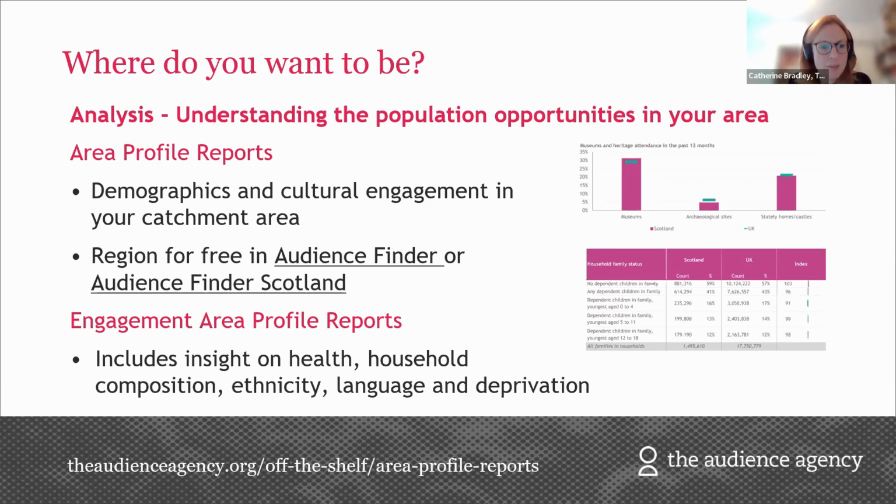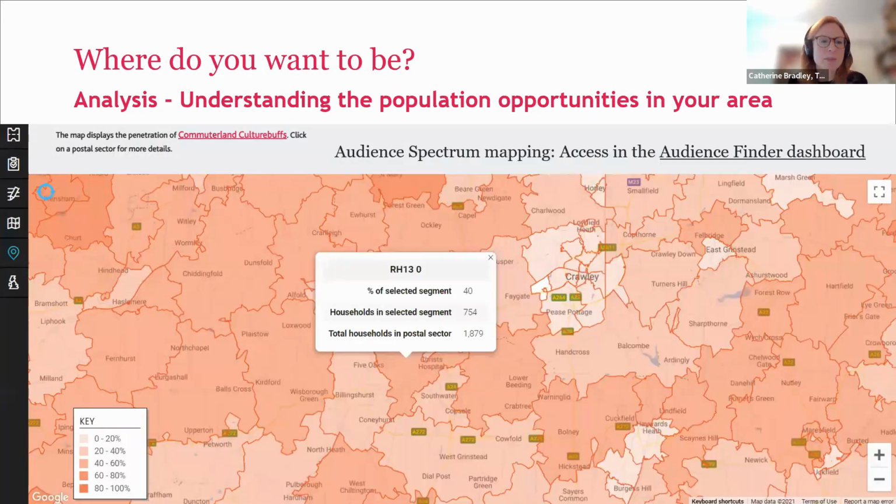So the other thing I wanted to mention as well, particularly, is the audience spectrum mapping tool. This can be used to access details about the number and proportion of each of the audience spectrum segments within the population at postal sector level.